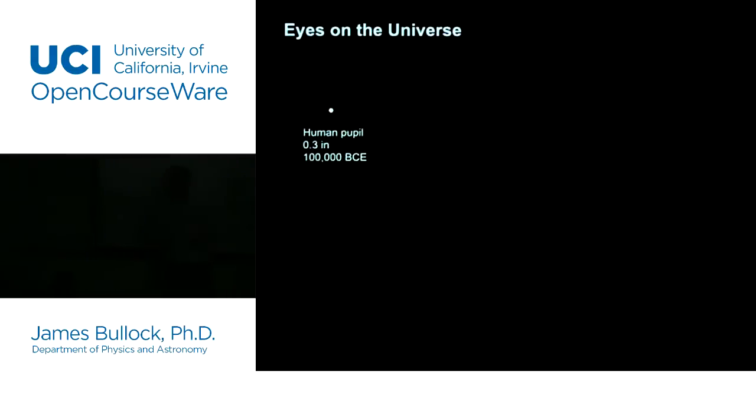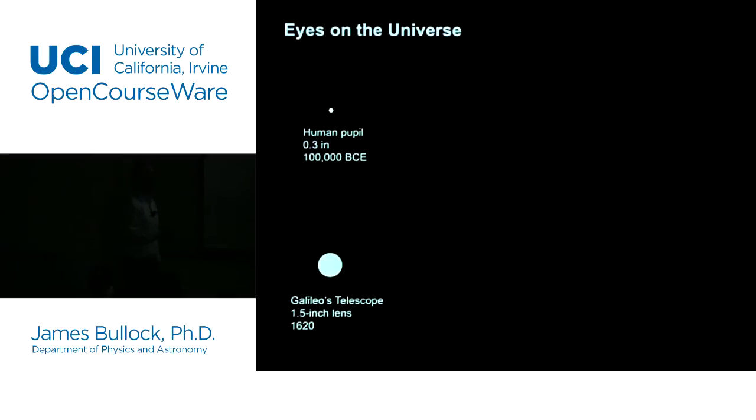They understood very early on, without any aids from technology, the origin of the phases of the moon, for example, and they had a pretty good sense of other physical phenomena. But a real breakthrough came in the year 1620, when Galileo extended the senses of the human pupil using something that was now 1.5 inches in diameter.